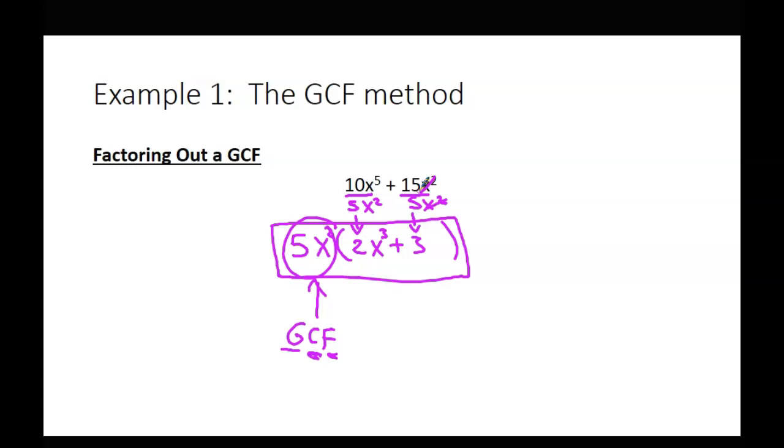So for instance, 3 can divide into 6, right? So you could say that 3 is a factor of 6. So in this way, this is a factor of both of these numbers because it can be divided into both of them. And in this case, it's the greatest common factor. We took out the biggest thing we possibly could. Okay, so that's what GCF is.